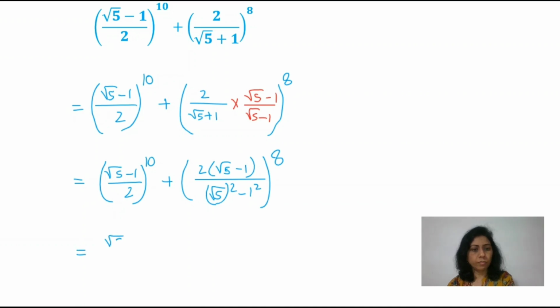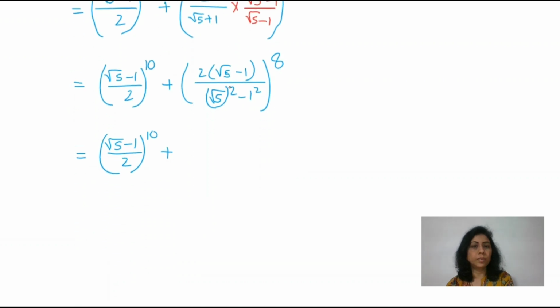Here (√5)² is 5 and 1² is 1, so 5 − 1 is 4 in the denominator. The 2 cancels with the 4, so we get (√5 − 1)/2 to the power 8.